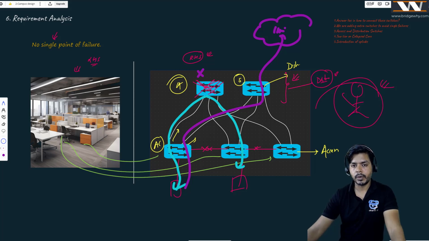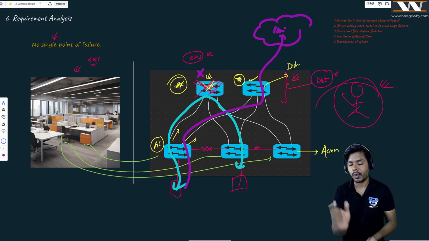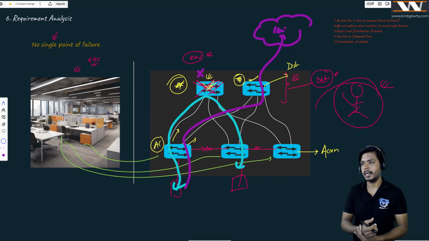Or maybe you are not running the HSRP protocol at all here, and your gateway is on this switch and the switch goes down, you are not able to use the other switch. It means that we need to use some technologies also along with introducing these two switches. Otherwise, it is going to be a problem, right?